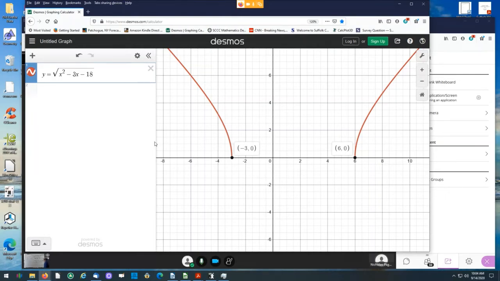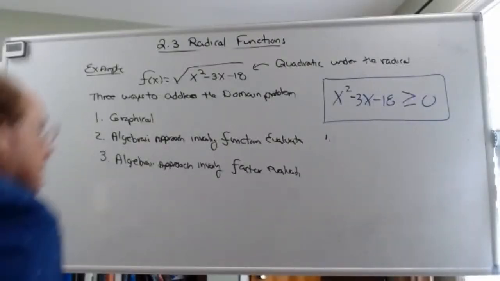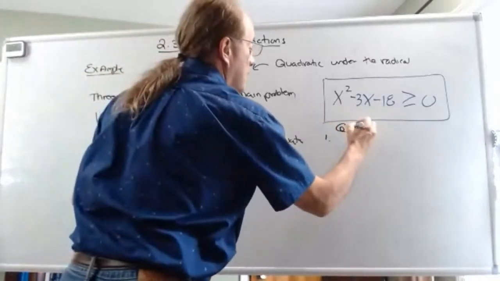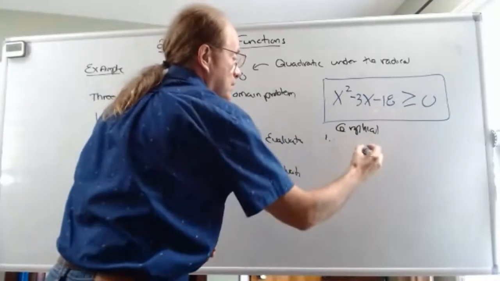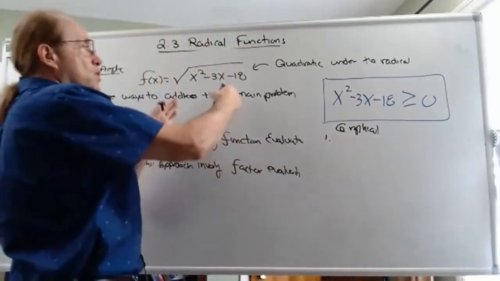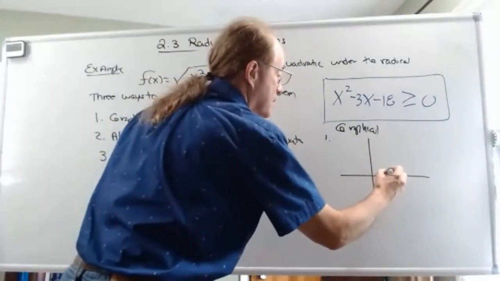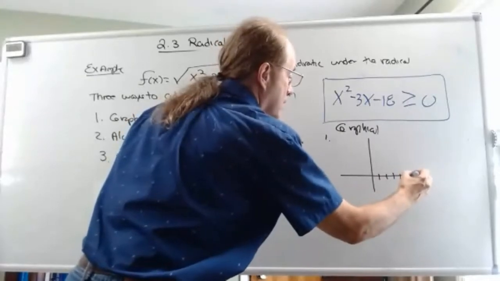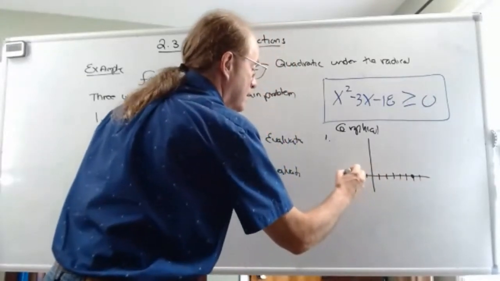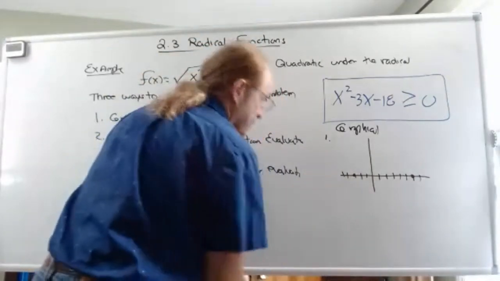So if I look at the graphical approach to solving this, I'm going to go to the board now and take a look at that. By plugging in what's under the radical symbol, or what we call the radicand, I get something that looks like this. There's 6. There's -3. My function looks like this.